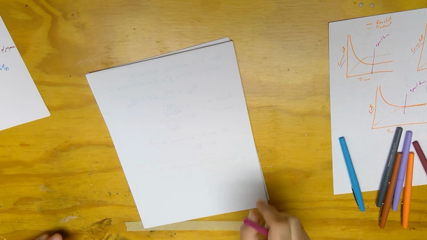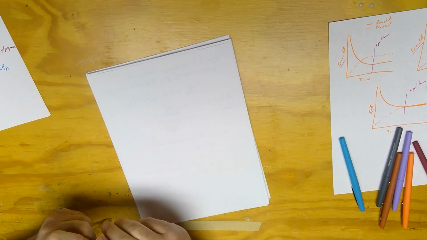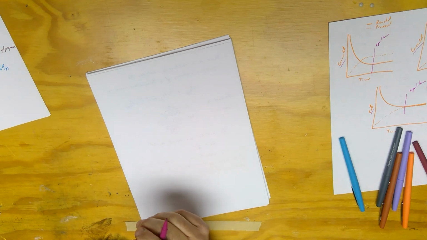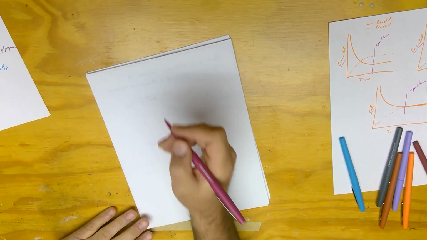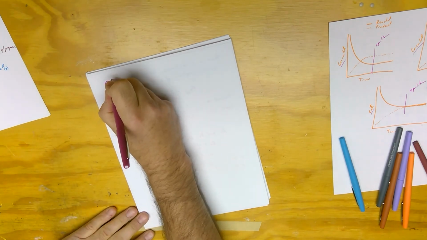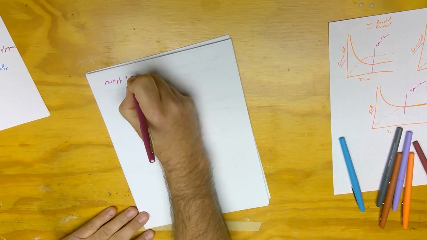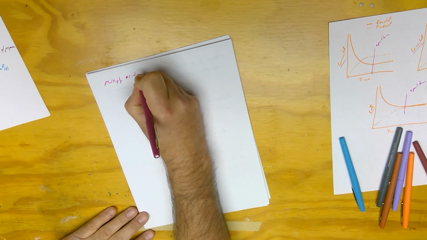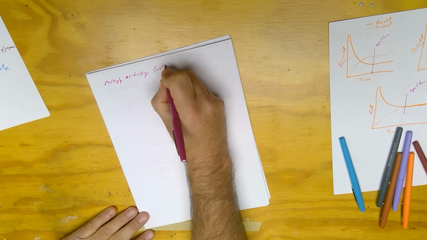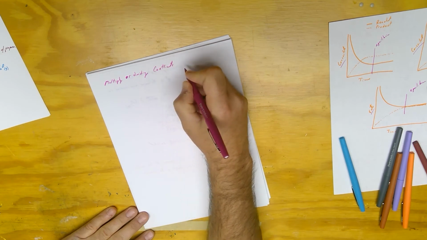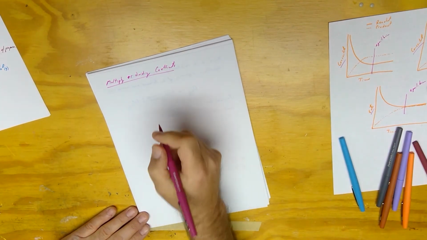Okay, let's try this. What if we multiply or divide coefficients by a constant? Sometimes we'll have to change our coefficients, and you'll see why later on.